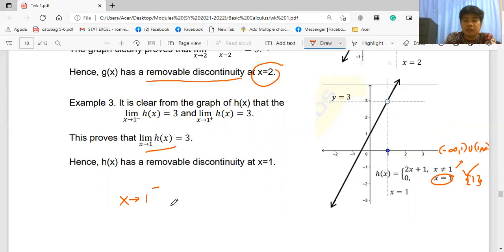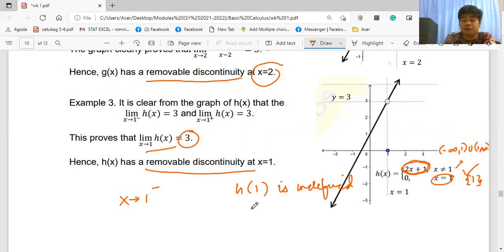So, ibig sabihin, left of 1, ito pa rin ang gagamitin mo. At saka right of 1, ito pa rin 2x plus 1. So, bibigyan niya talaga ng 3. Okay? And since h of 1 is undefined, then we can now say that it has a removable discontinuity at x that is equal to 1.